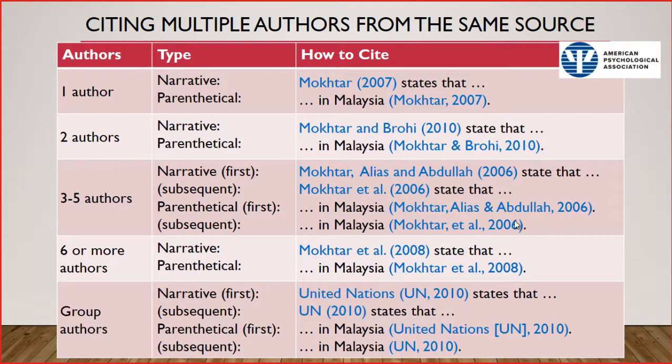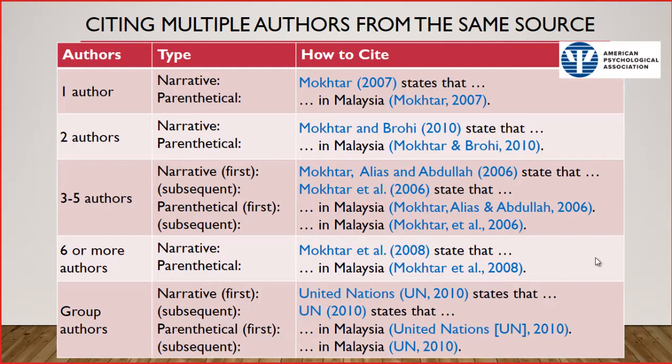So what you do, you need to type this manually. You cannot automatically insert using the citation tool. So these are the things that you need to be aware of: what are the things that you can use automatically, and when you need to type in things.